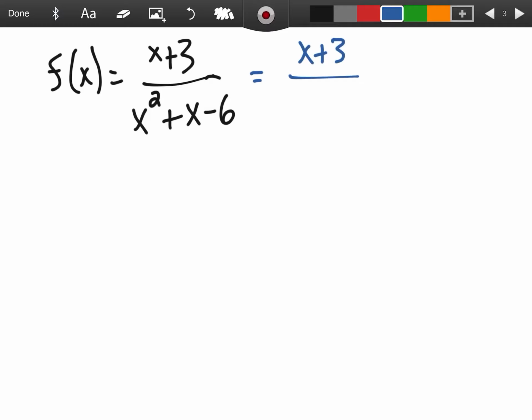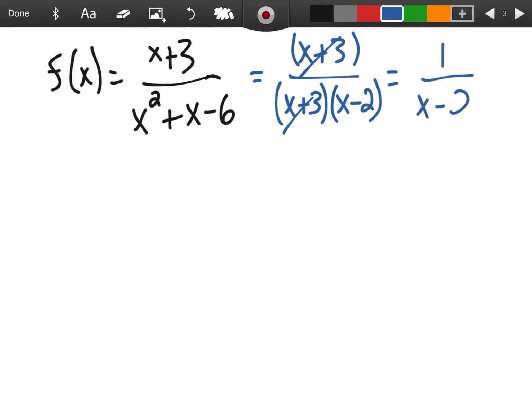Factoring my denominator, I get x plus 3 times x minus 2. What I see here is that I actually have a factor that appears in both my numerator and my denominator. So you might think, oh, I could just cross off the x plus 3's, and this is the same thing as 1 over x minus 2.